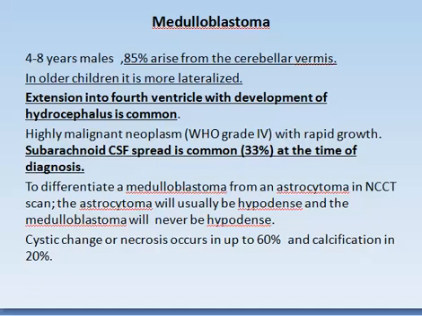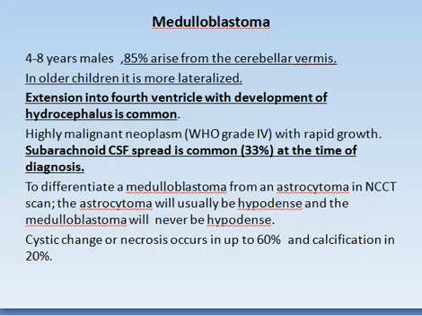In medulloblastoma, we should consider the site of origin as the vermis in 85% of cases, occurring in the age group 4 to 8. In older children, it may be more lateralized, but it is in the middle line, originating from the vermis.